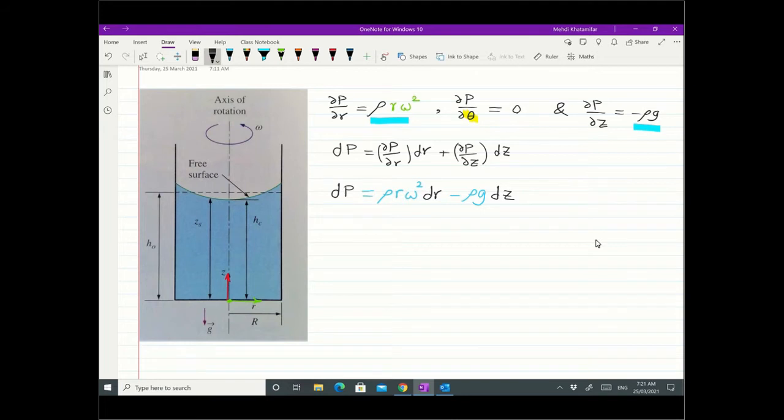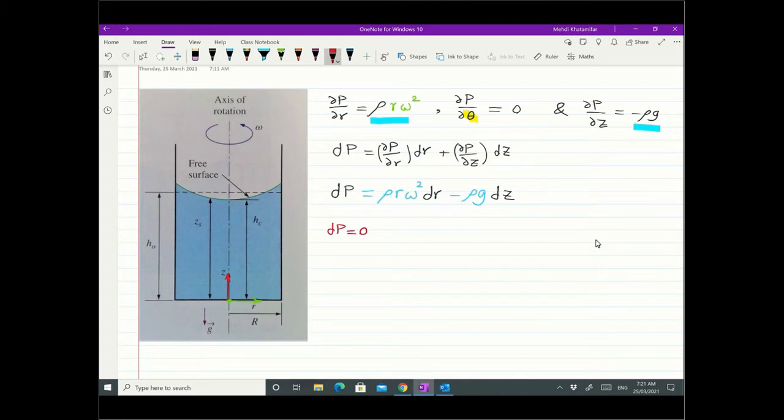Okay, so now I'm going to consider a special case when we have dp equal 0. When we say dp is equal 0, it means we are talking about a line or a surface on which we have a constant pressure, and we call that constant pressure line or surface an isobar.